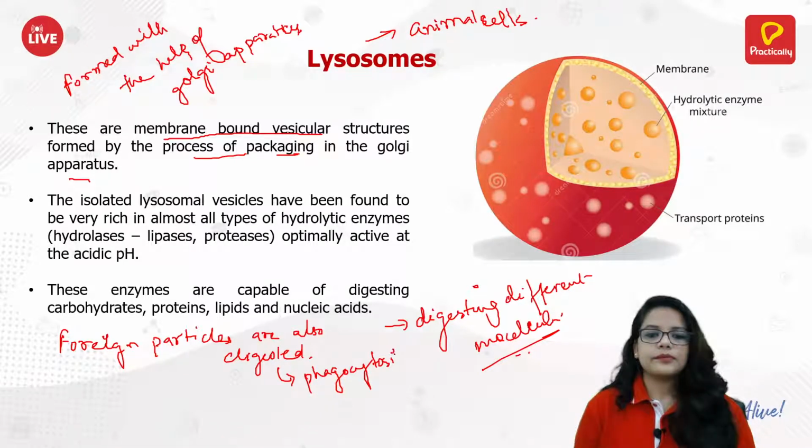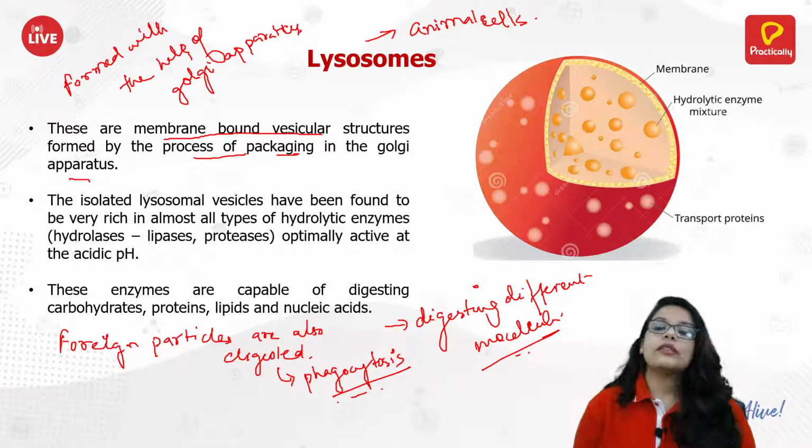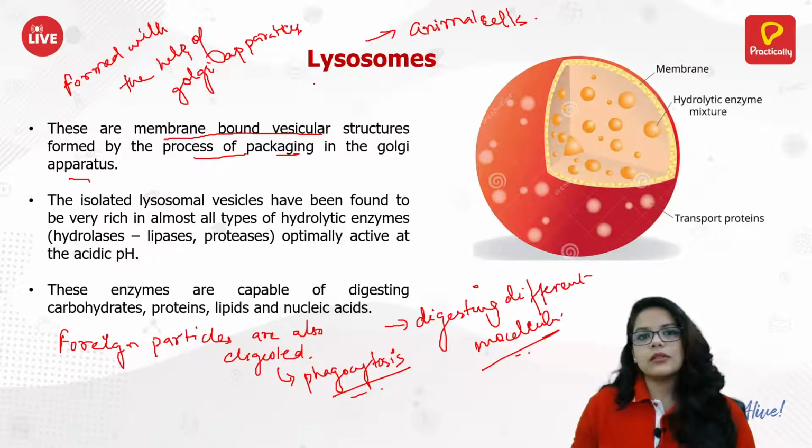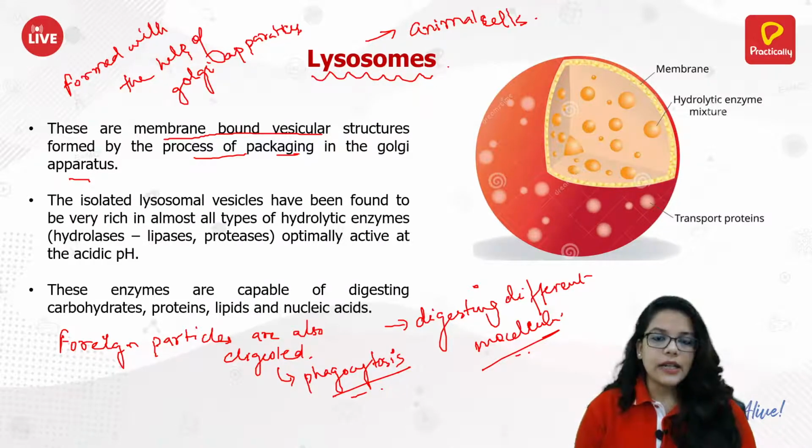Okay, so that digestion of foreign particles is known as phagocytosis. Okay, so that kind of function also is handled by lysosomes. Now when we talk about foreign particles or some viral particles, bacterial particles getting digested by lysosomes, that means lysosomes are present in the immunity cells such as macrophages.